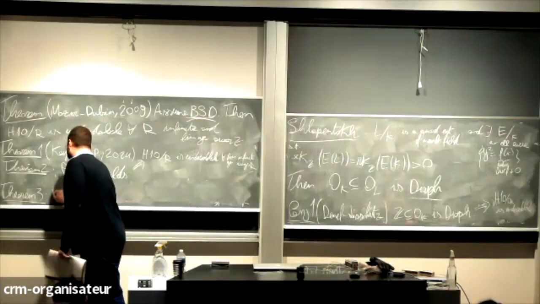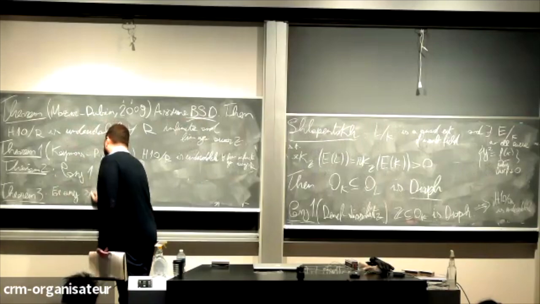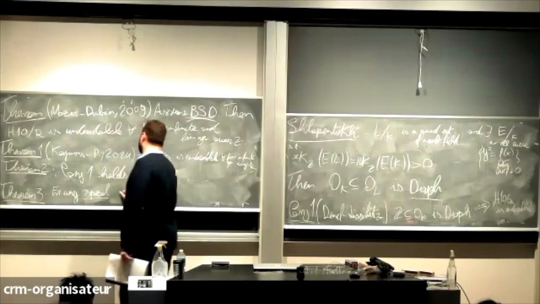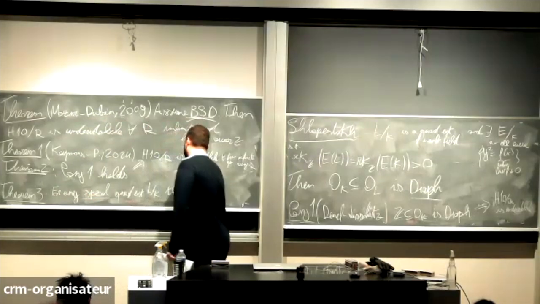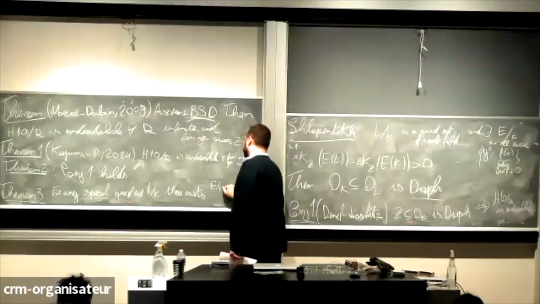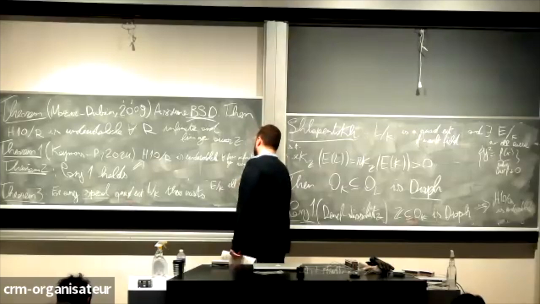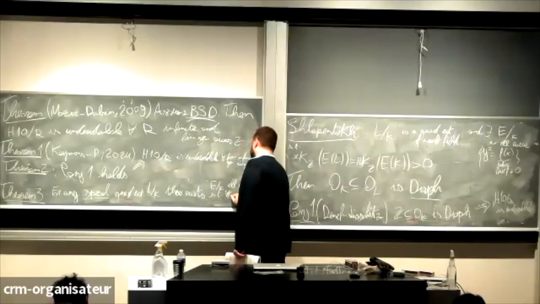So for any special quadratic extension, I will tell you what that means, L over K, there exists E over K elliptic curve such that the rank is positive and stays the same.